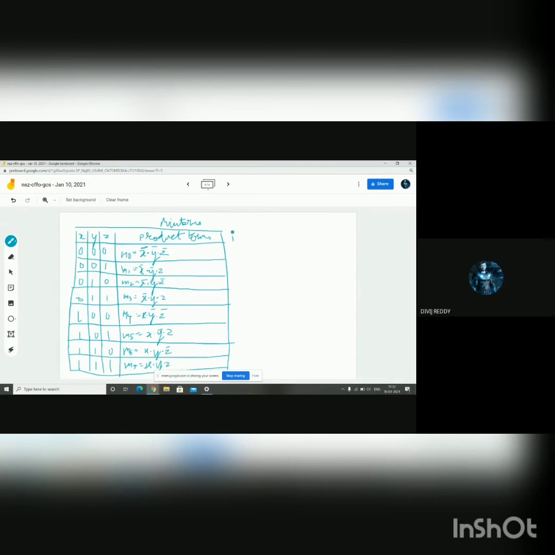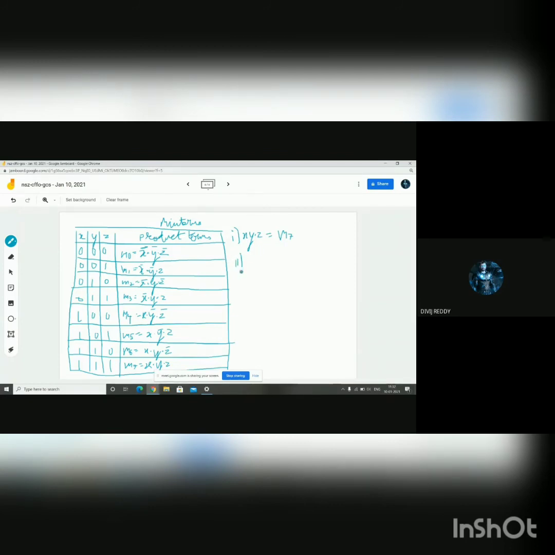First question, he gave x into y into z. x, y, z represents that x is 1 and y is 1 and z is 1. So the product is coming as 1. So it represents the seventh minterm. So we write M7.